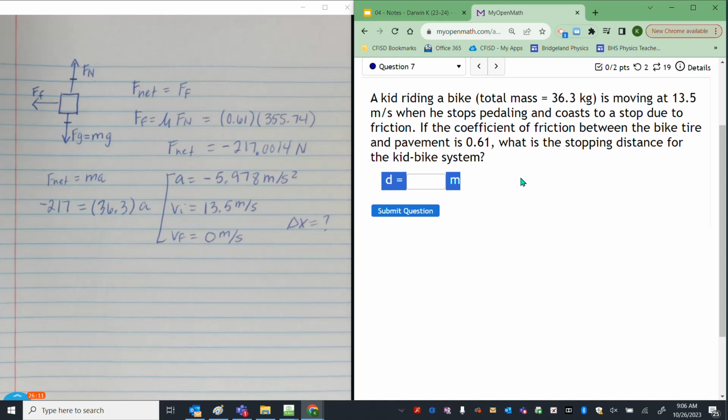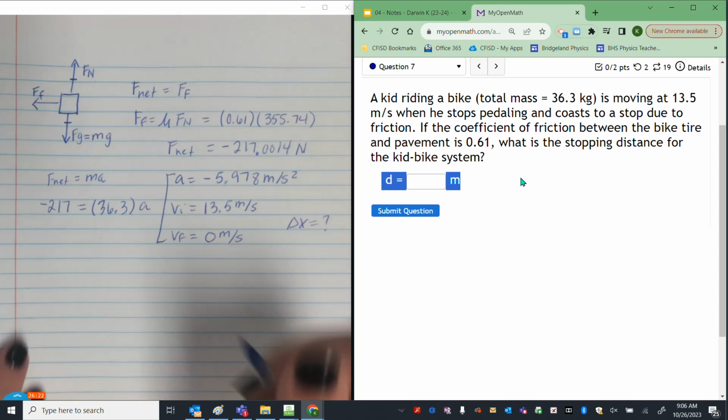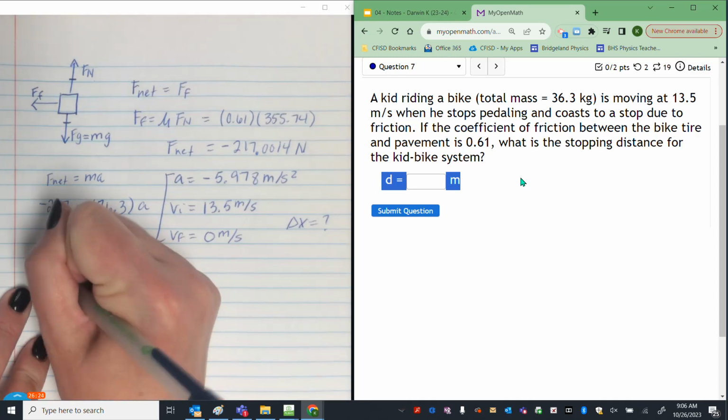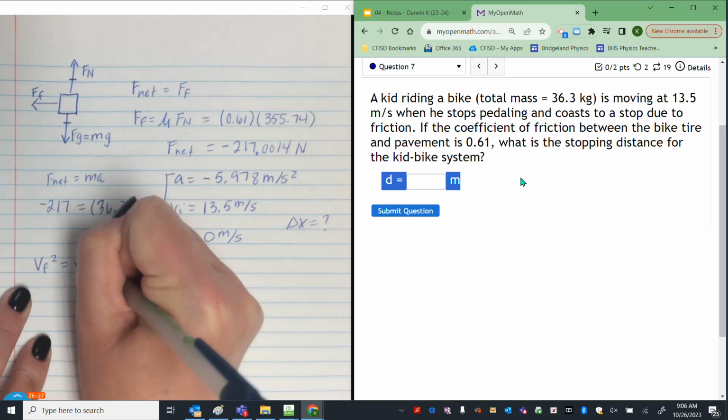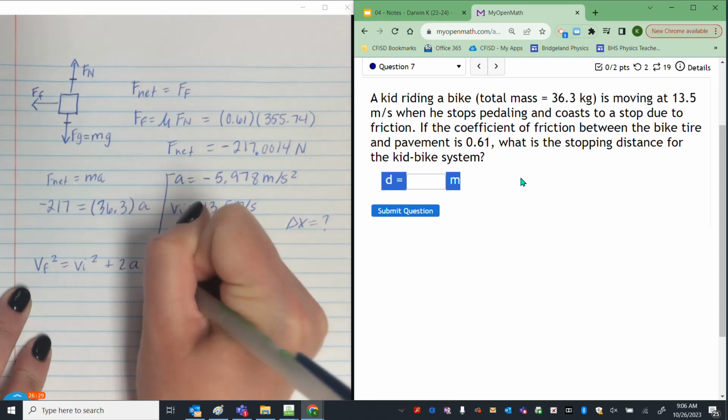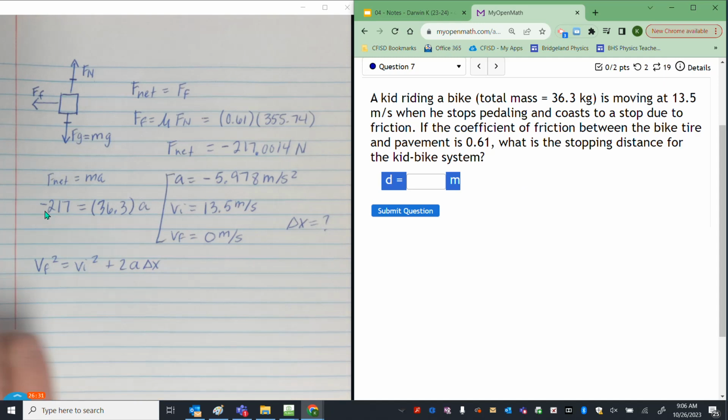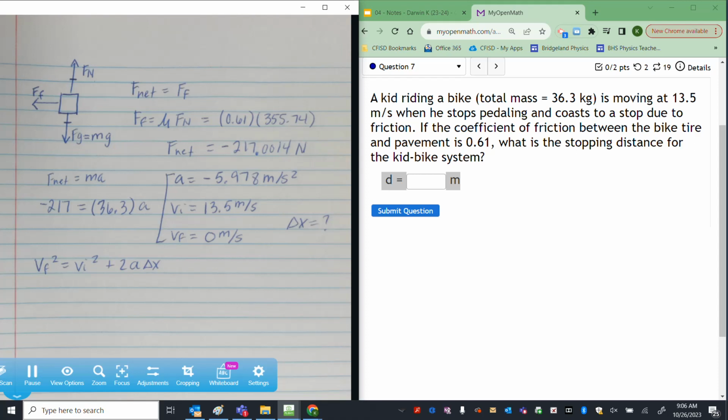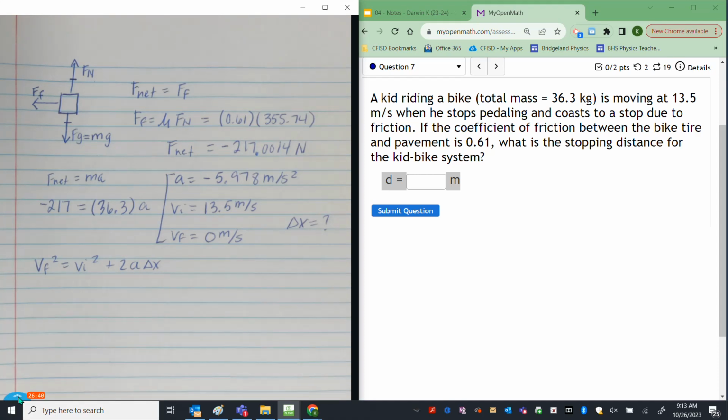I can find this from the information I do have. If I look at my kinematic equations, one of them has acceleration, VI, VF, and delta x in it. And it is the second one on my board. This equation right here: VF squared equals VI squared plus 2 times A times delta x. Equation with the information that we have here.